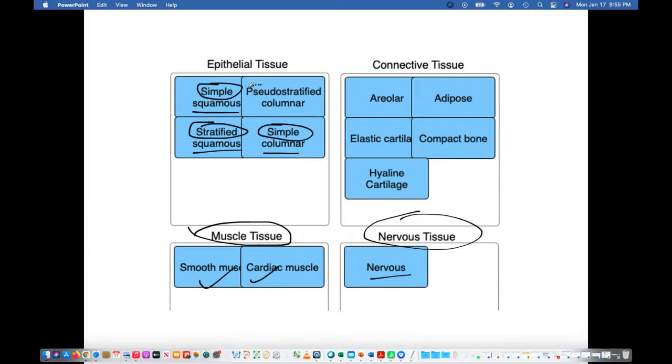And then here is that unique one, which is pseudostratified columnar. And then under connective, we had areolar, we had fat or adipose, we had elastic cartilage, compact bone, hyaline cartilage. Generally speaking, that's connective tissue. If we put compact bone, hyaline cartilage, and elastic cartilage, that would fall under supporting connective tissue. And then areolar and adipose would fall under connective tissue proper.